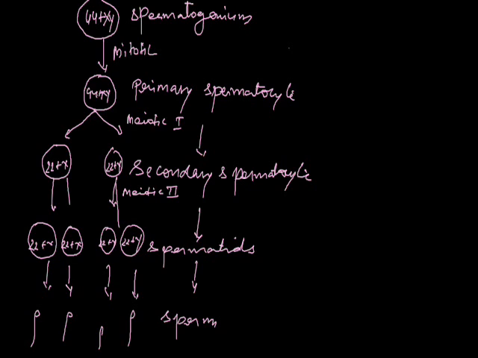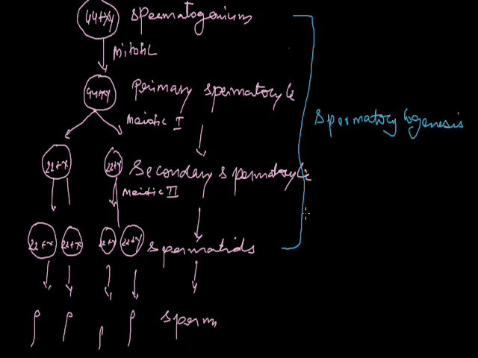Now this spermatogenesis process is divided into two parts. The formation of the spermatid from the spermatogonium is known as spermatocytogenesis, and from spermatid to sperm it is known as spermiogenesis. This process is completed in three phases: the multiplicative phase, the growth phase, and the maturation phase.